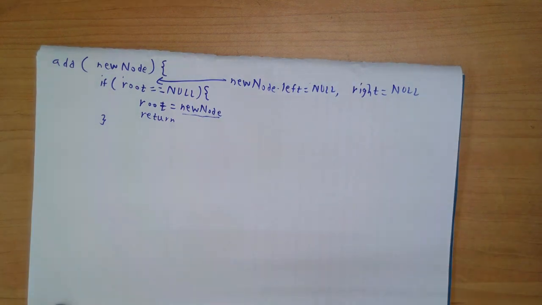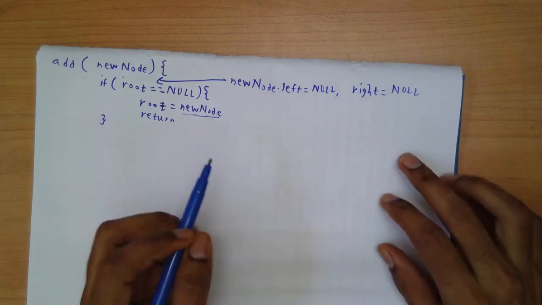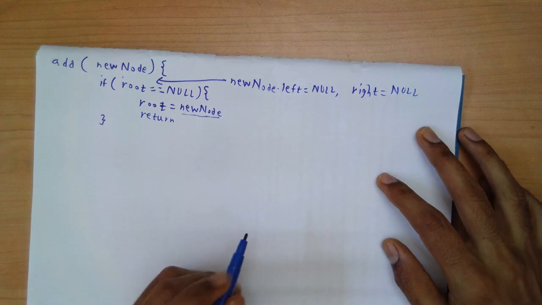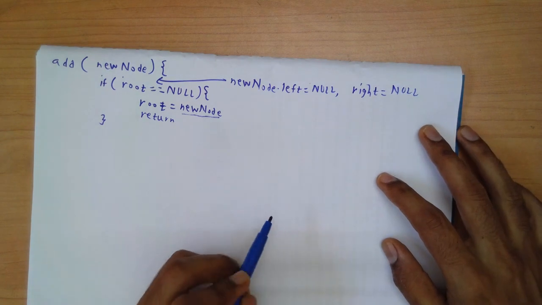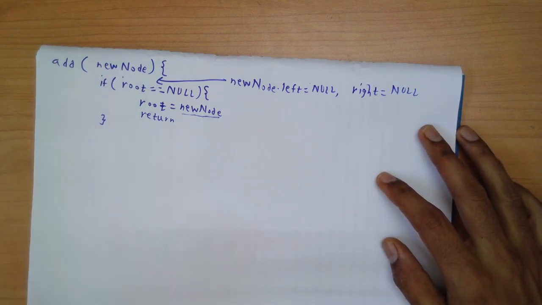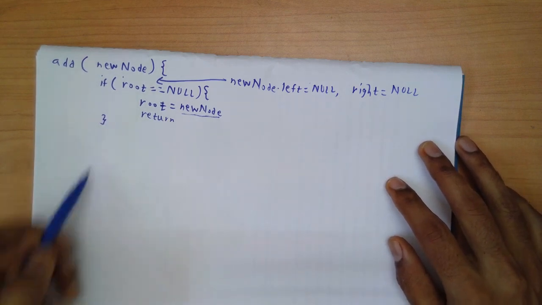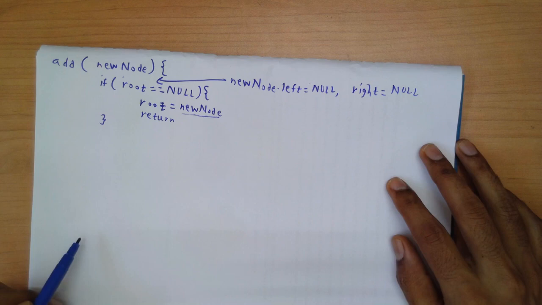Okay, and we'll also ensure that for our new node the parent is initially null. That is not really required because we will anyway modify that, but only in the case when there is an existing node.